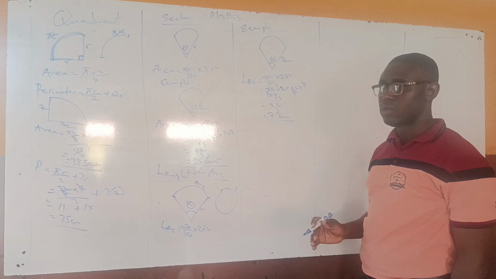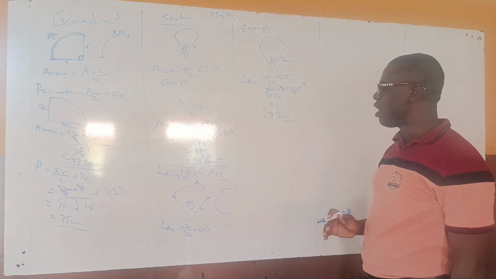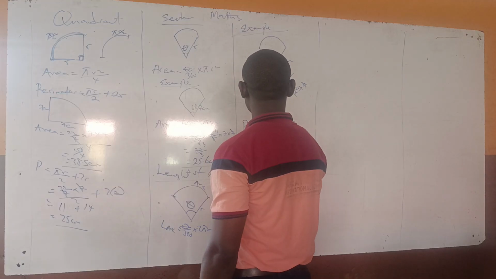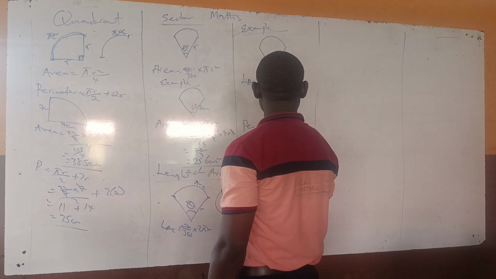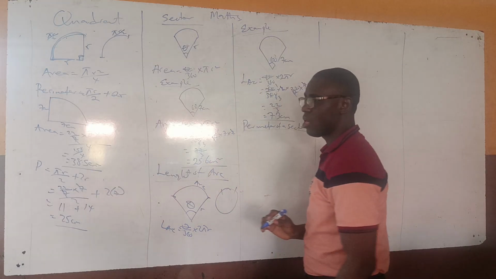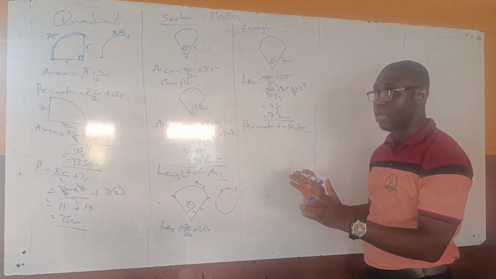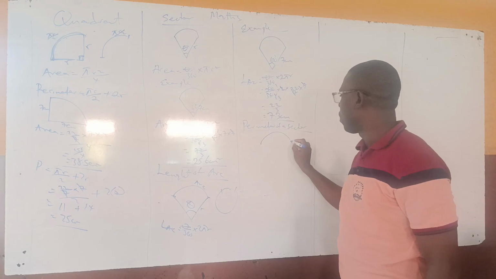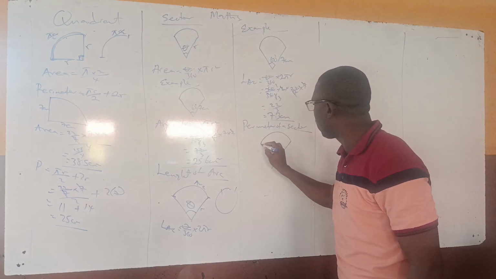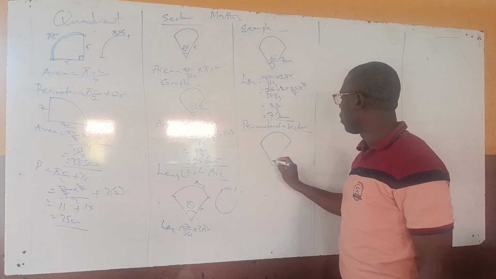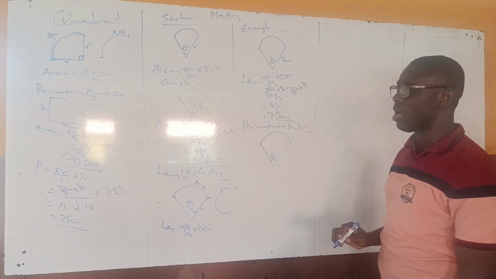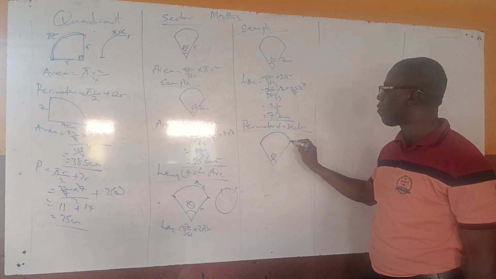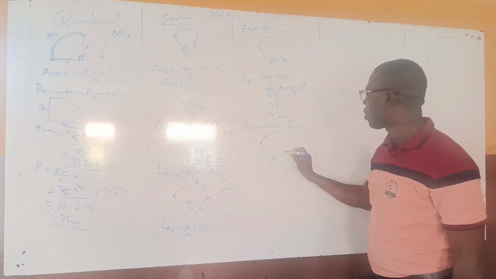So we can move on to what? To perimeter of a sector. That is, we are taking the length of the sector. We move from here to here, right? And take this and take this. Okay? Now, if here is what? Theta, right? Here to here is what? Length of arc. Plus what?